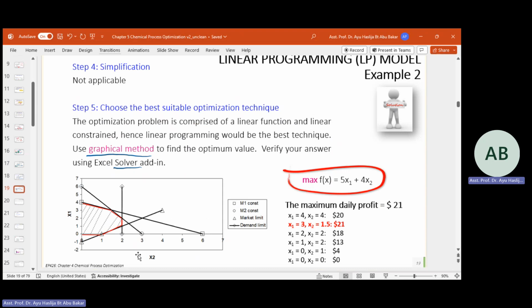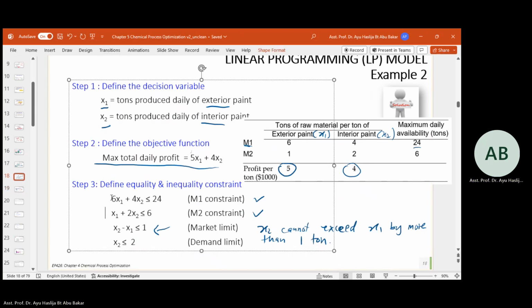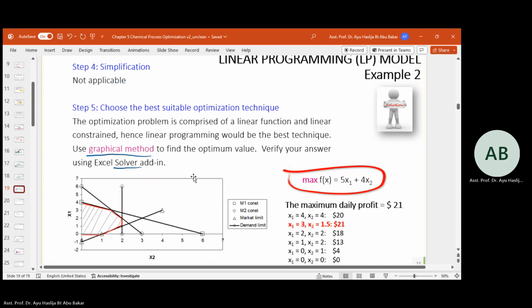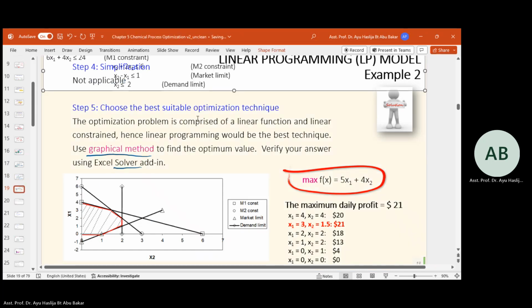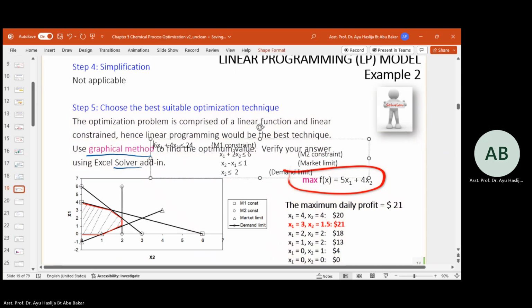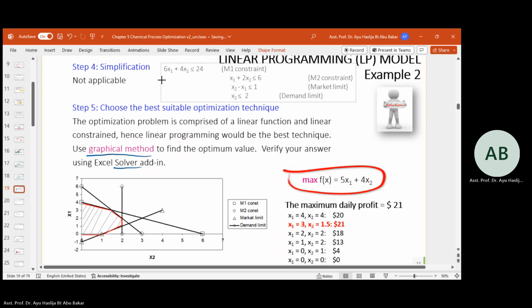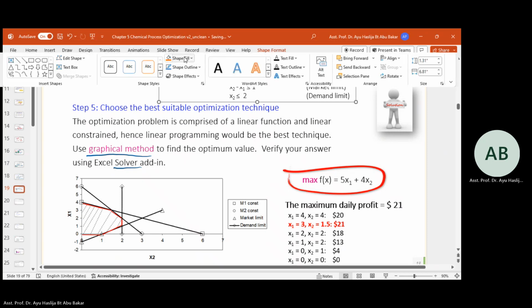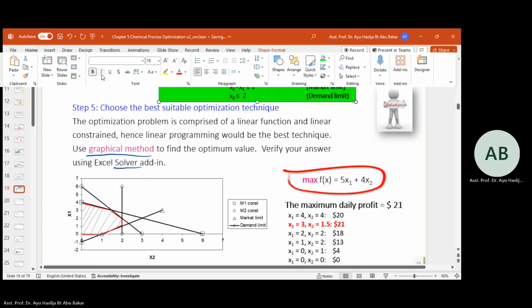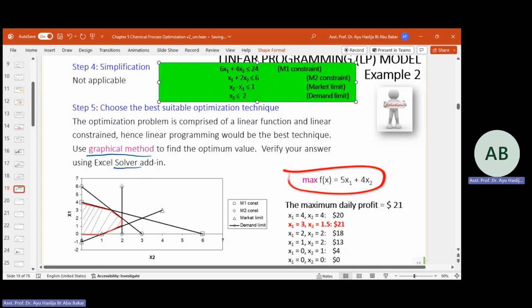Okay, wait, I copy back the constraint. Yeah, so these are the constraint equations.